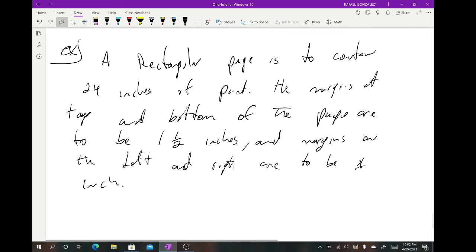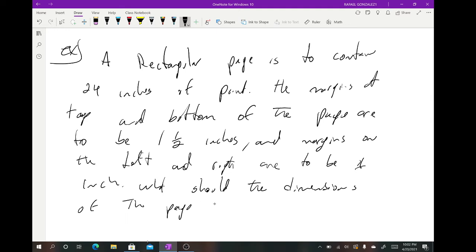Now the question is, what should the dimensions of the page be so that the least amount of paper is used?